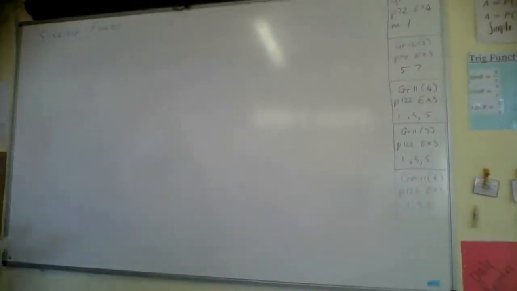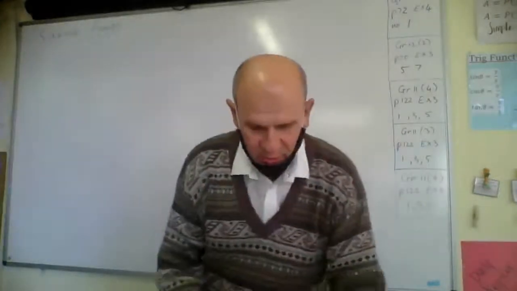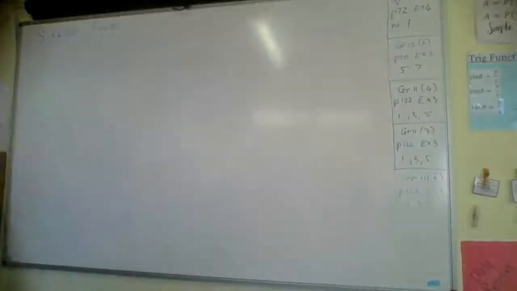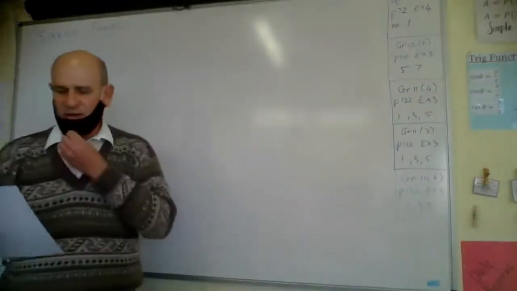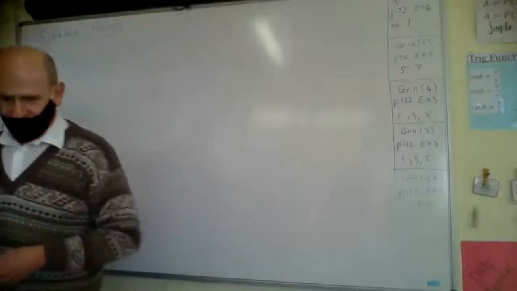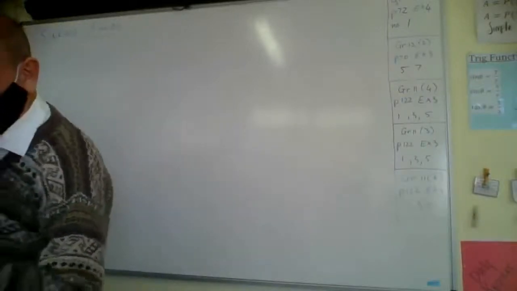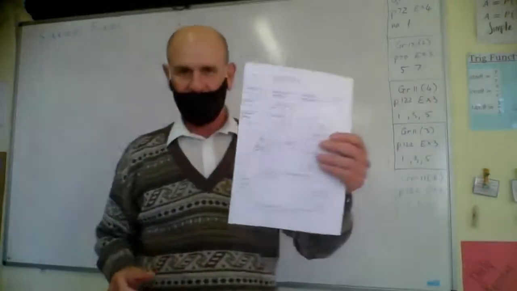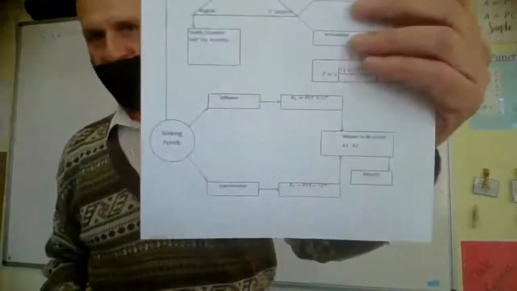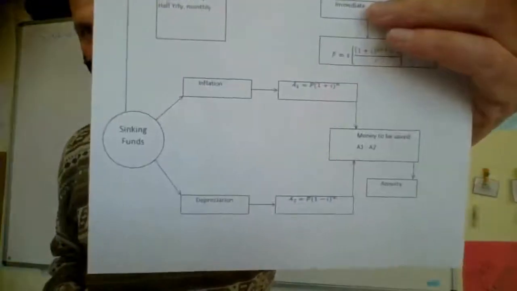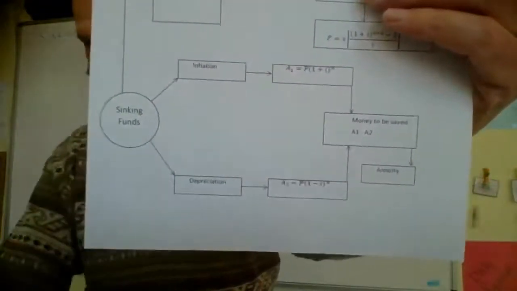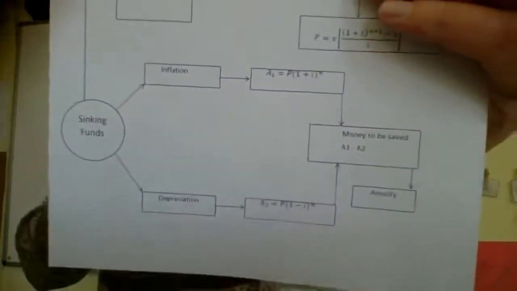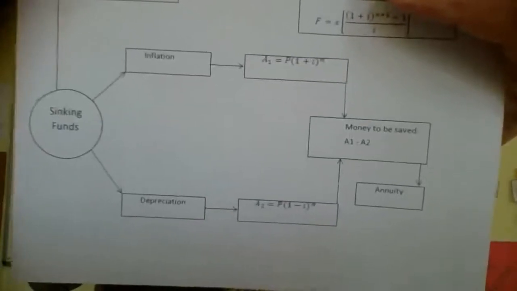Right, sinking fund. Now, there are two things that we need to remember regarding our sinking fund. The block on the top is number 16. You can write in there inflation. And the block beneath is number 20, you can write in depreciation.